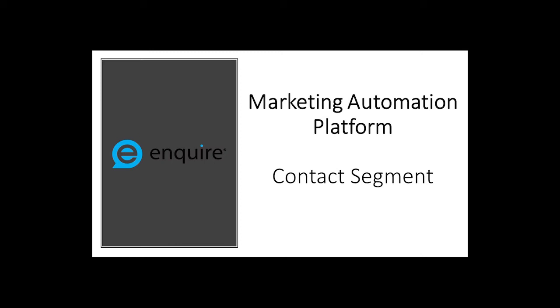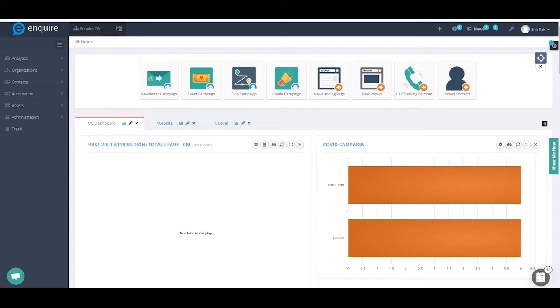In today's video, we're going to be going over contact segments. It's important to know the difference between a contact list and a contact segment. A contact list is essentially audiences and map, and it's where people are going to be entering the list and leaving the list depending on the queries that you have chosen.